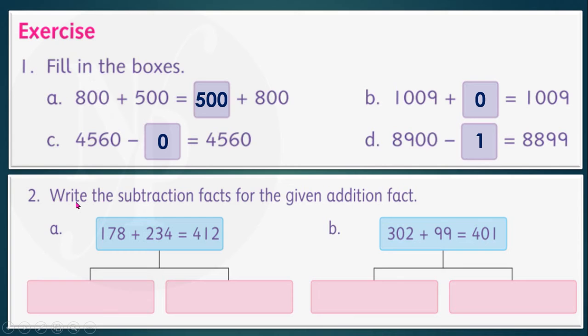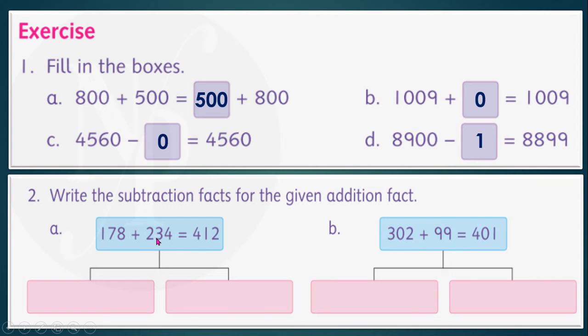Question number 2. Write the subtraction facts for the given addition fact. So here two addition facts are given, A and B. We know that every addition fact will have two subtraction facts. So let us write the subtraction facts for these addition facts.